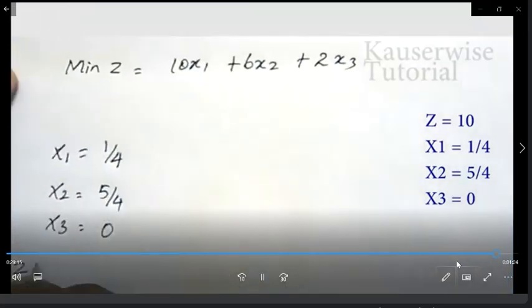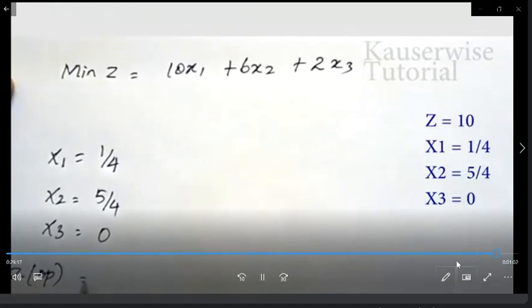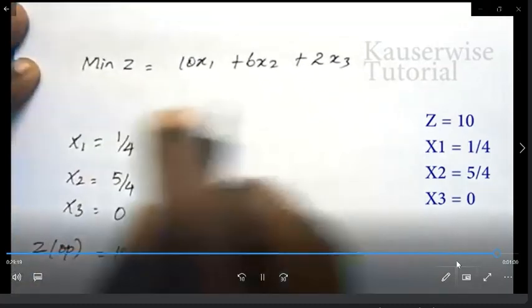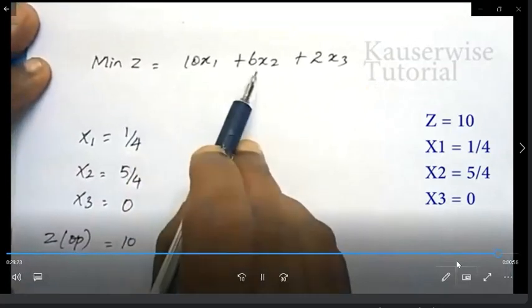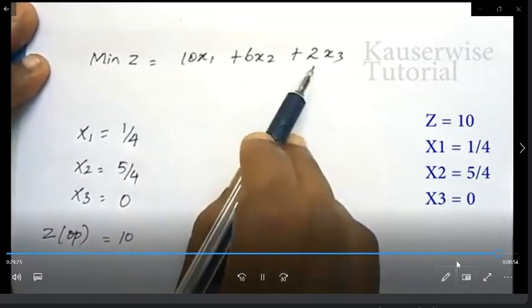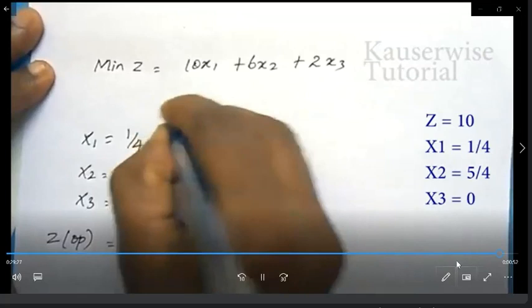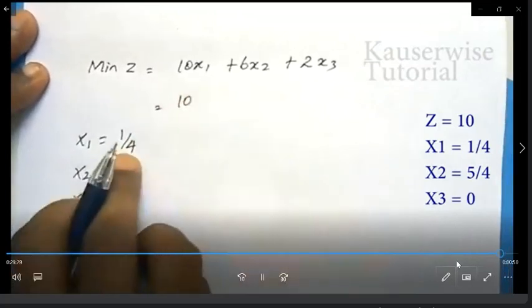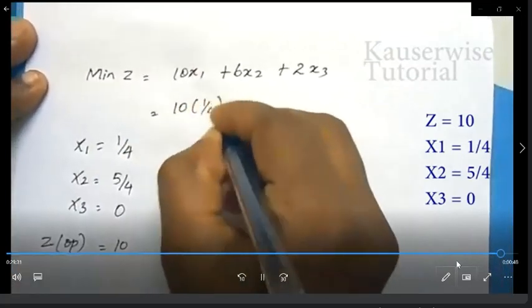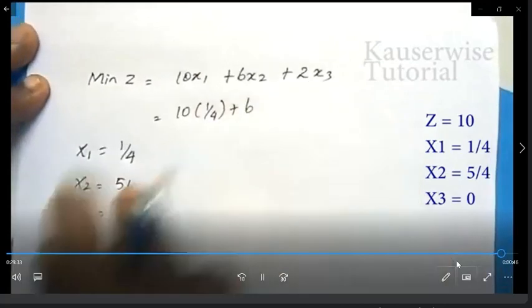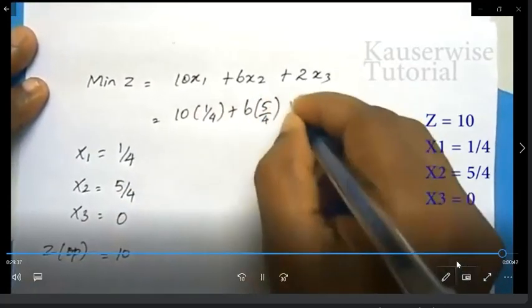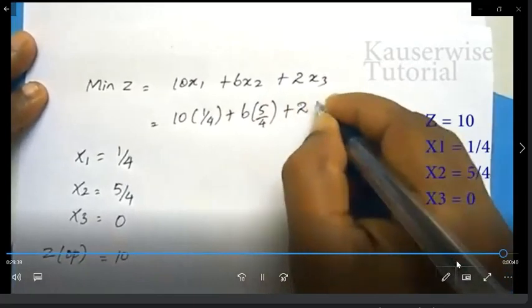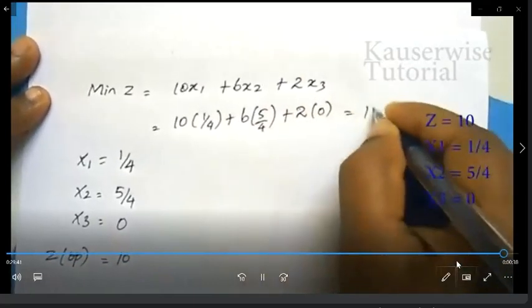And the optimal Z value is 10. The objective function must give 10. That is 10 into the x1 value 1/4, plus 6 into the x2 value 5/4, plus 2 into the x3 value 0, is equal to 10.